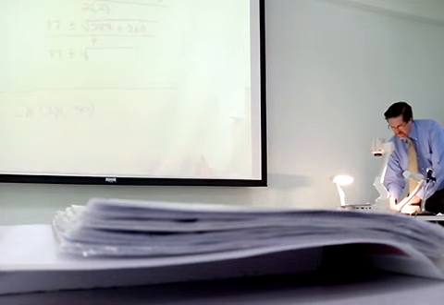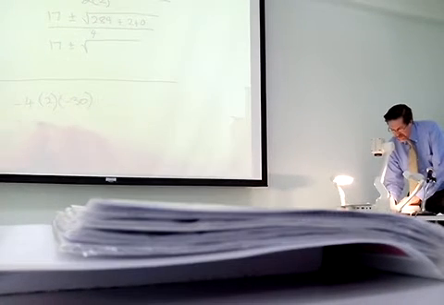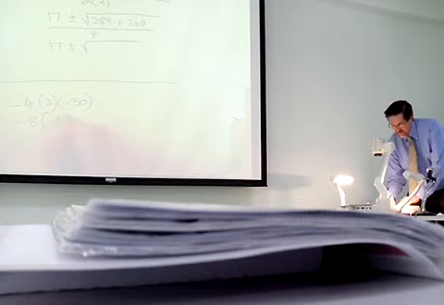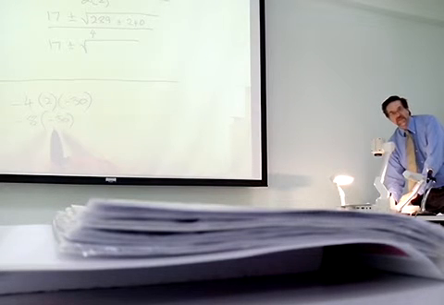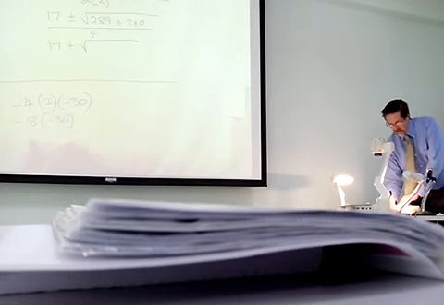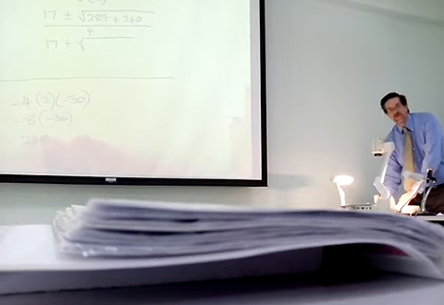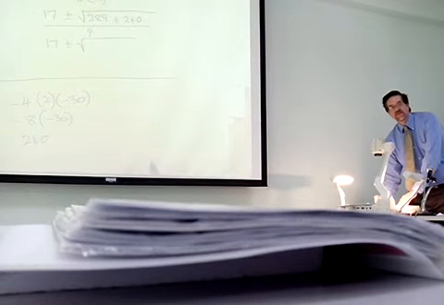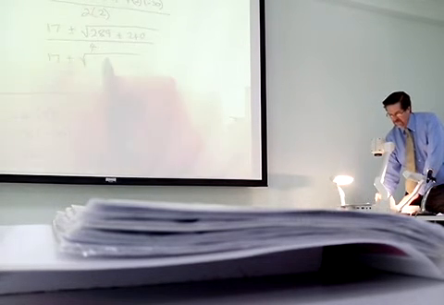So we have that, right? 240. So that's negative 8 times negative 30, which is plus 240, right?